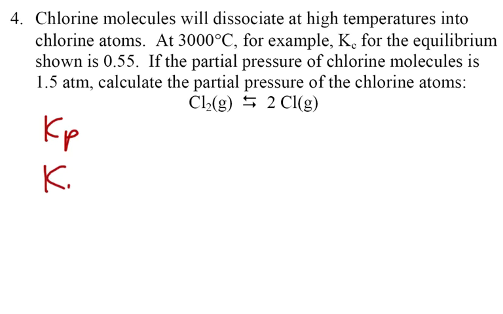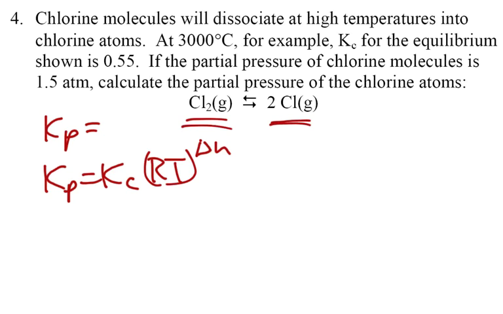We're using our equation, Kp equals Kc RT to the delta n, and that's just to get our Kp value. And then if we know a couple of numbers, then we can find whatever the missing value is. So that's problem 4.